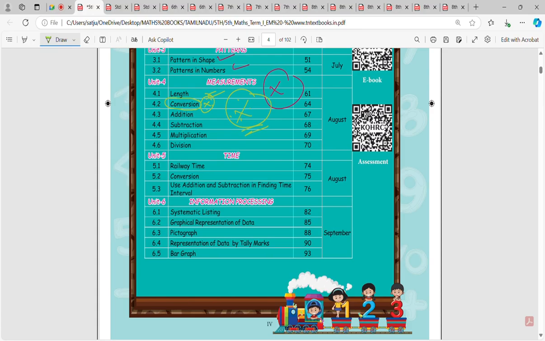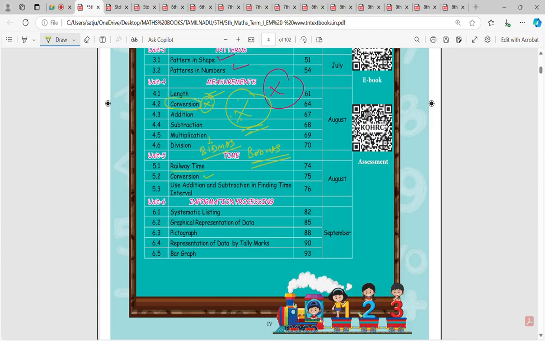Then you know about the concept called BODMAS, right? This BODMAS, or else nowadays some books use BIDMAS. So here they are using indices. Fine. Next, this is not required. The railway time conversion is not required.